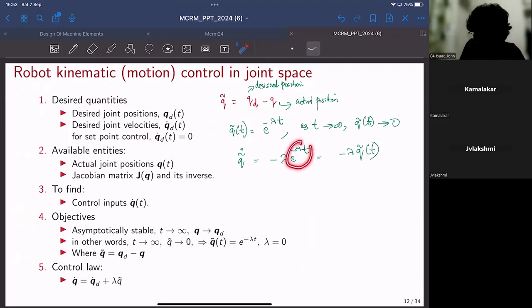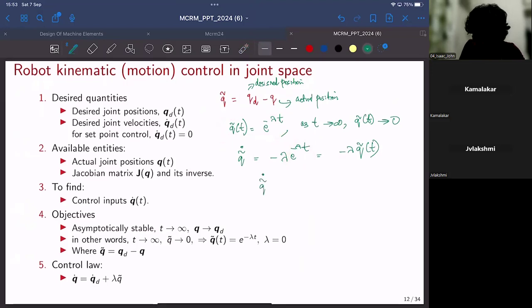Because this term is nothing but this equation. So what can I write? Q tilde dot plus lambda Q tilde of t will be 0. So this is a first order differential equation whose solution is something like this.